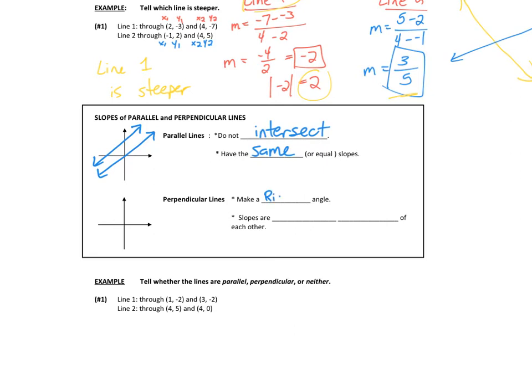Perpendicular lines make a right angle, and the slopes are opposite reciprocals. So it'll look like this. And then the other one will be coming down to make a right angle.